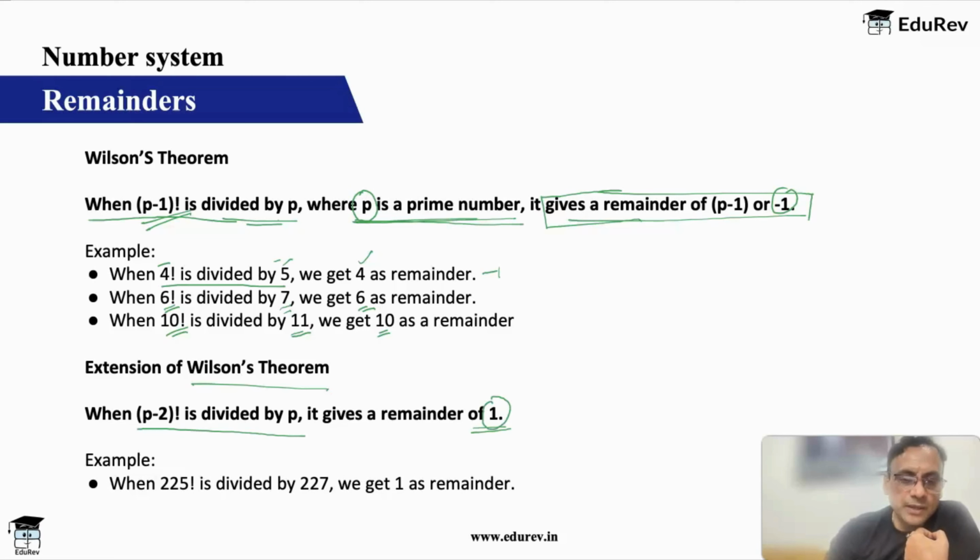For example, when 225 factorial is divided by 227, 227 is a prime number, we get a remainder of 1. Okay, so very powerful rule, and we'll do a couple of questions explaining this. And this is the only theorem that can be used to solve factorial questions. Otherwise you can do it normally, but if you have to apply a theorem, then Wilson's theorem is the only theorem that comes in handy.